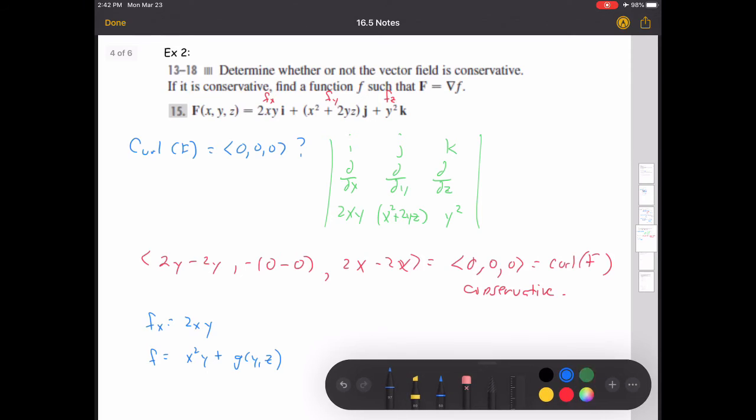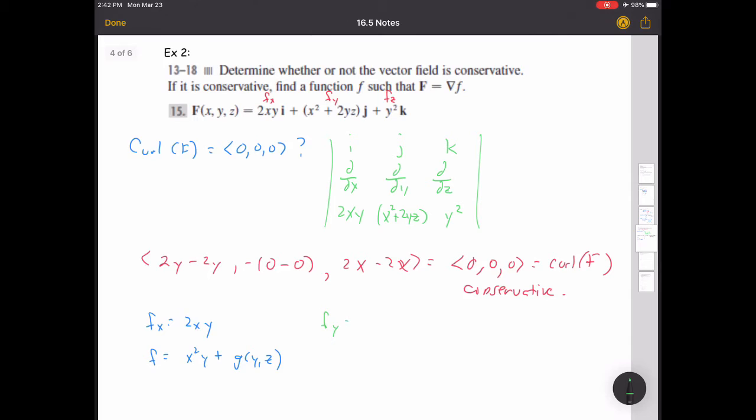Okay, and then we also need to figure out our f sub y part. F sub y is x squared plus 2yz, and that comes from the original gradient. Now, taking the derivative with respect to y of the f function that we found in blue is going to be x squared plus g sub y of yz.